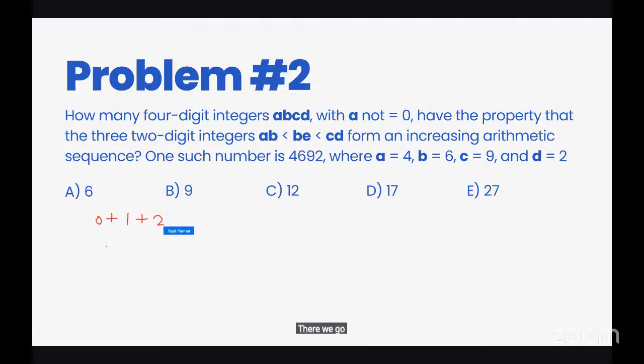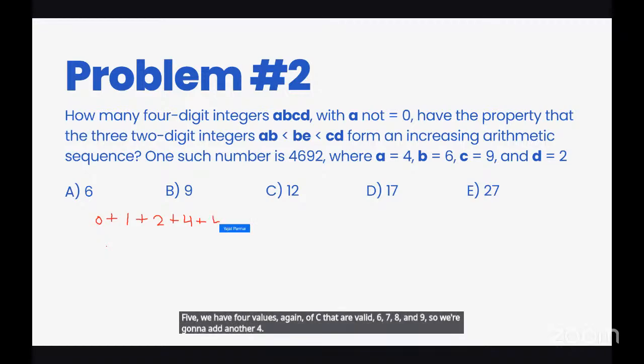And then when B is 4, we have 4 valid values of C, which is 5, 6, 7, 8. So we're going to add 4. Next, for when B equals 5, we have 4 values again of C that are valid, 6, 7, 8, and 9. So we're going to add another 4.